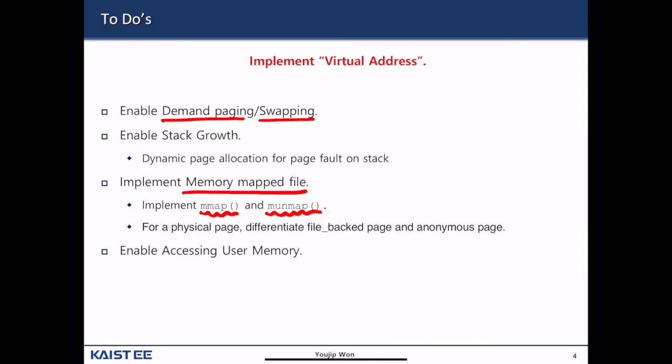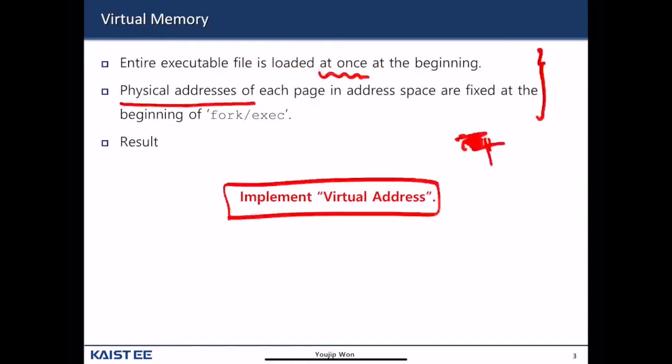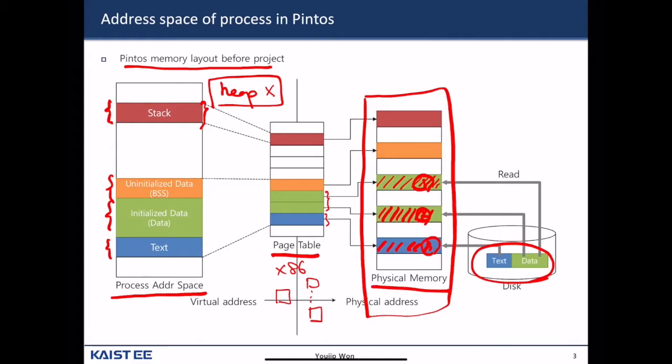From the physical pages' point of view, there are 2 types of physical page. One that has a matching disk location, and the other that does not have a matching disk location. Let me go back to the previous page. Here, there are 5 pages in total: 1, 2, 3, 4, and 5.